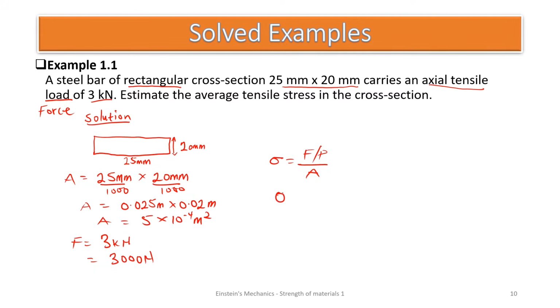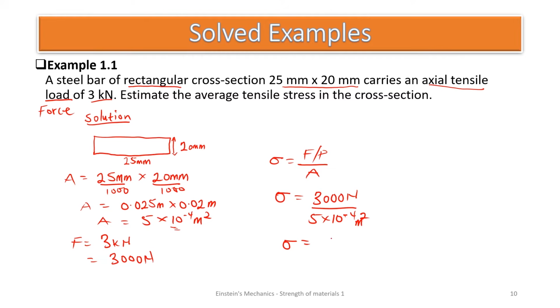Now I have my force as 3000 newtons and my area as 5 times 10 to the power negative 4 meters squared. Take your calculator and verify the answer.